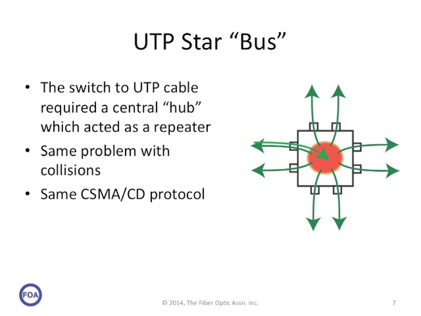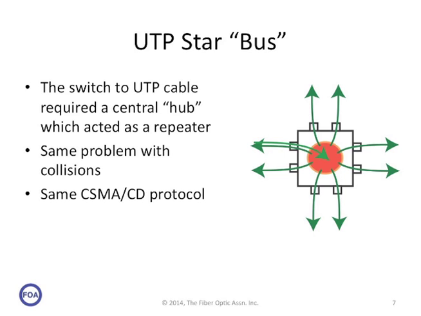When Ethernet went from a coaxial cable bus to unshielded twisted pair cable and a central hub, the hub basically acted as a repeater. So if anybody transmitted through the hub, their signals were sent to everybody else, and you had exactly the same problem you had with a single cable with everybody physically connected.